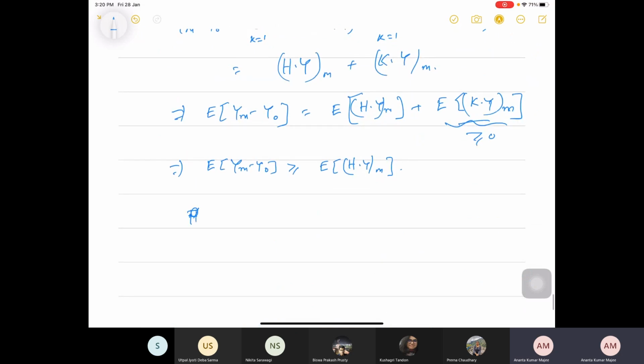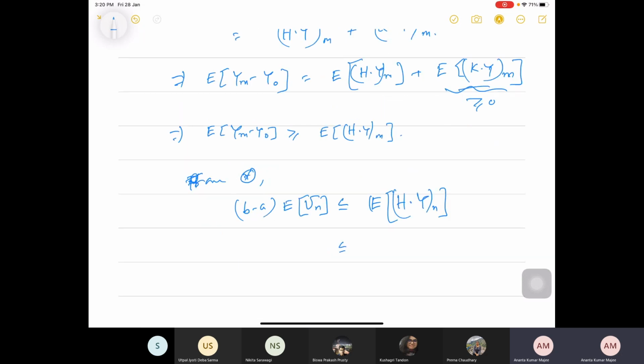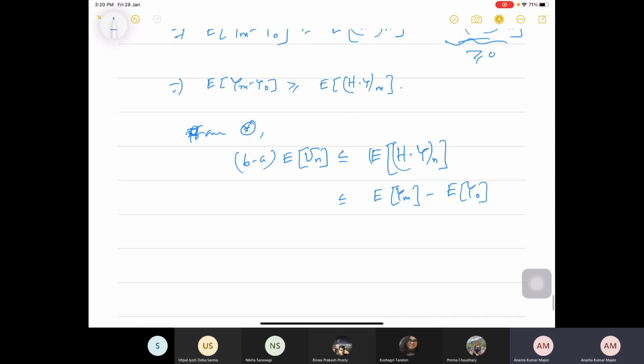So from star, what I have is that (b minus a) times the expectation of U_n is less than or equal to the expectation of (H·Y)_n, and this part is less than or equal to the expectation of Y_m minus the expectation of Y_0.